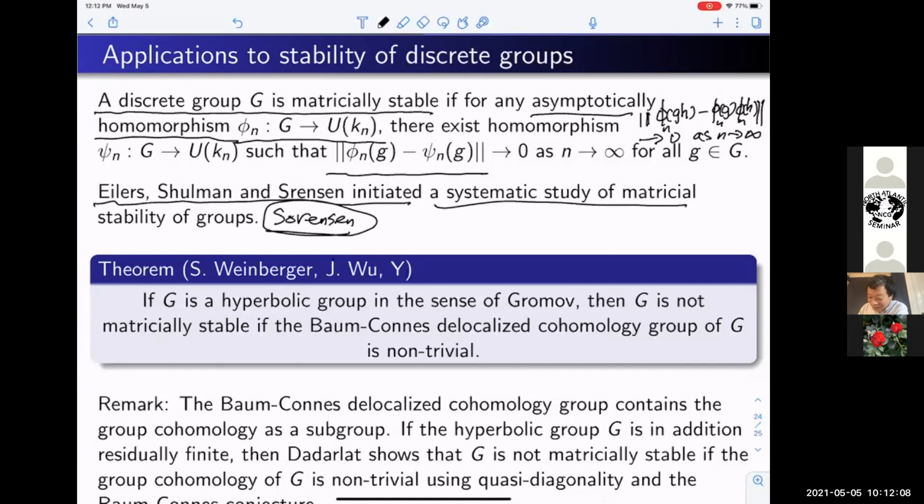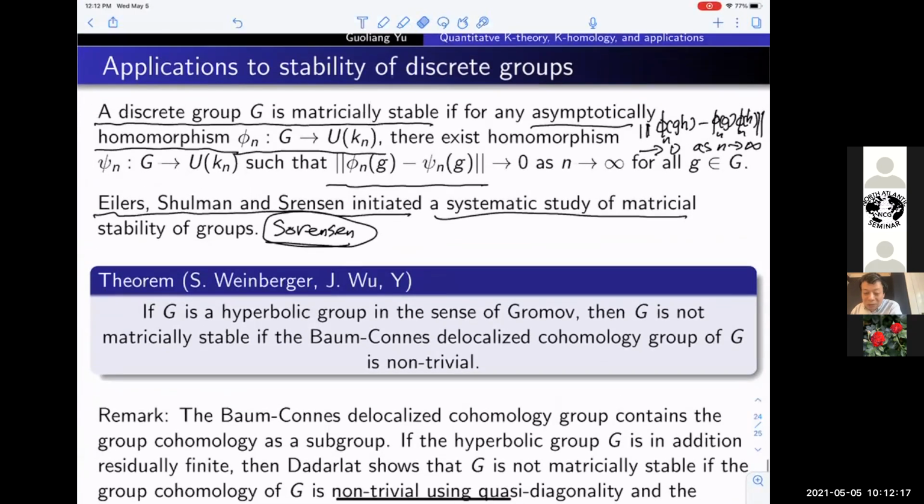Yeah, sorry about this. So it turns out that these are very much related to quantitative K-homology. But in order to attack this problem, we have to modify the quantitative K-homology we just introduced, make it a little bit more special to fit this problem.